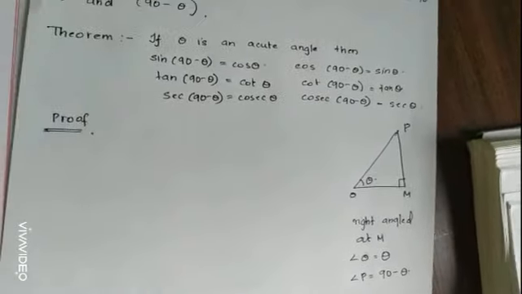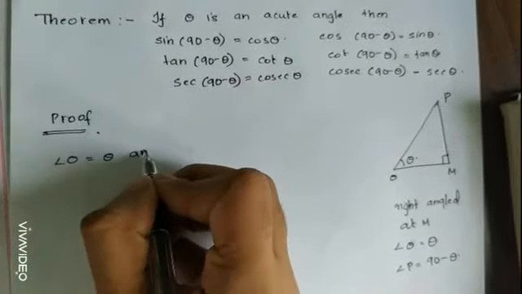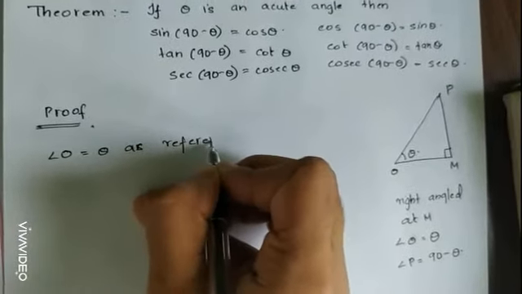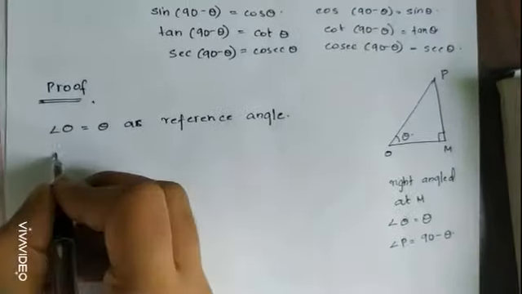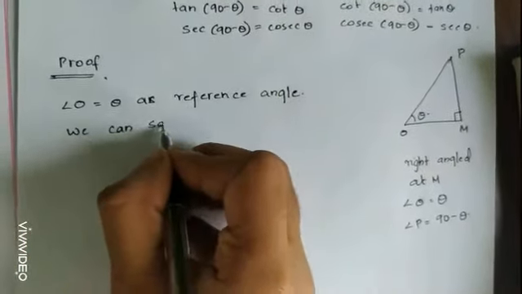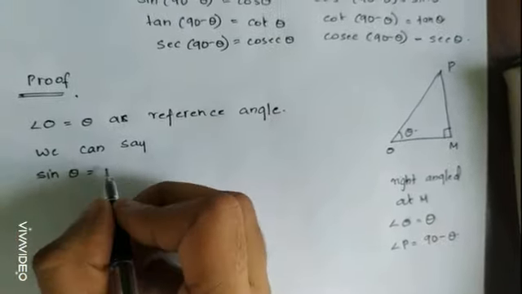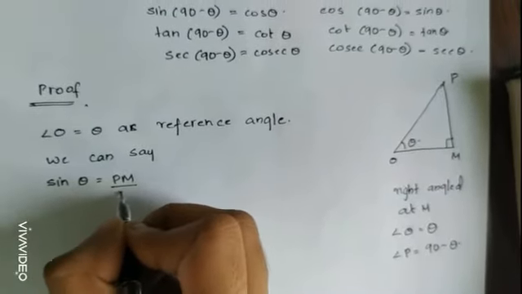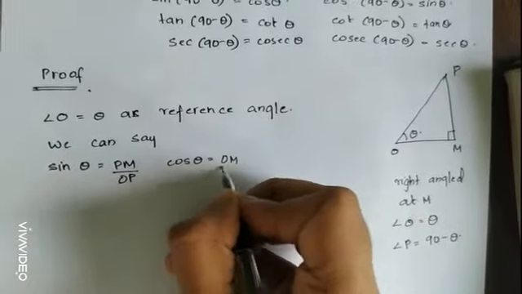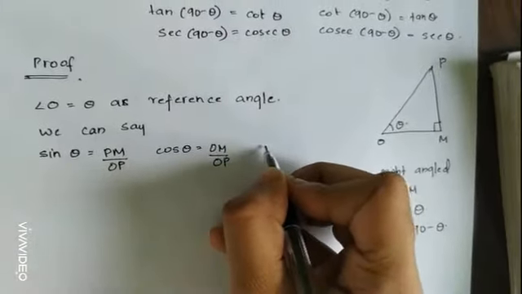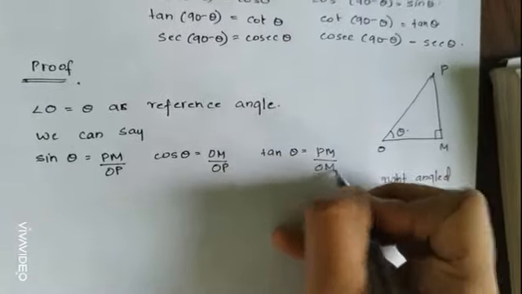So first taking angle O, that is theta, as reference angle, we can say sine theta is equal to PM by OP, cos theta is equal to OM by OP, then tan theta is equal to PM by OM.